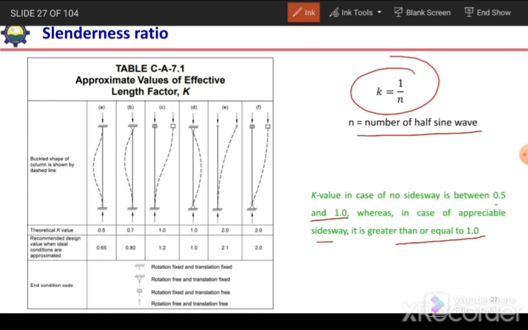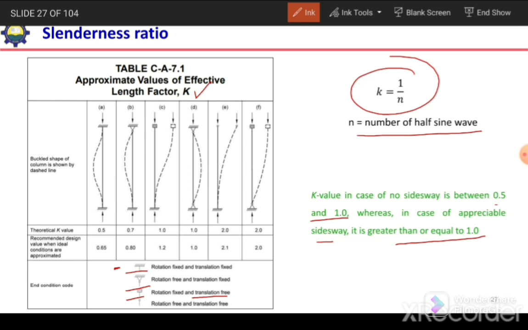For example, if we first see this condition, case D, we have different types of supports. This is a fixed support, this is a pin support, and this is a support in which rotation is fixed but translation is free, meaning it can sway. And the last one is where rotation as well as translation are both free.